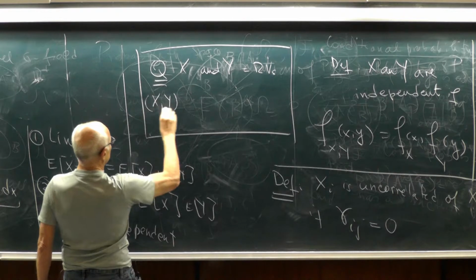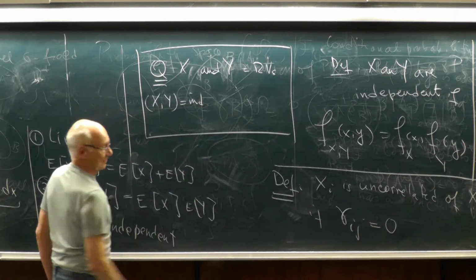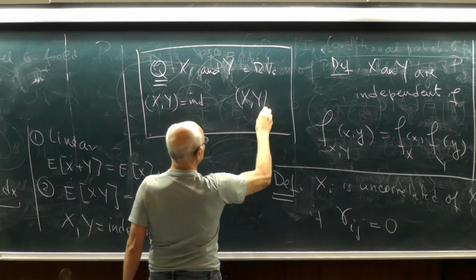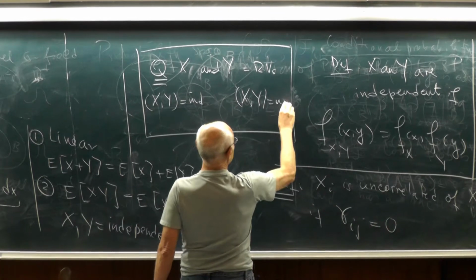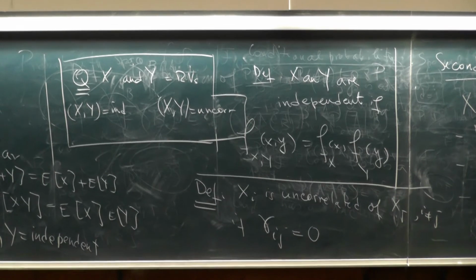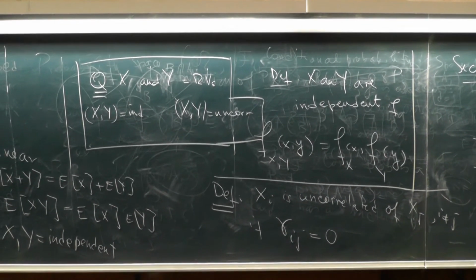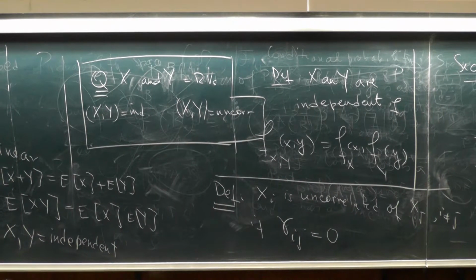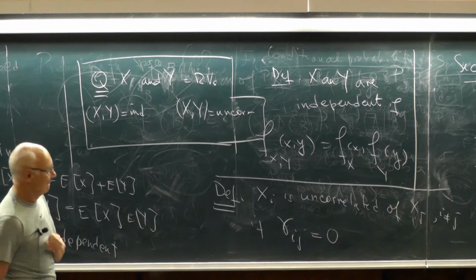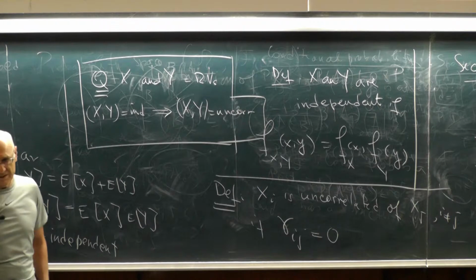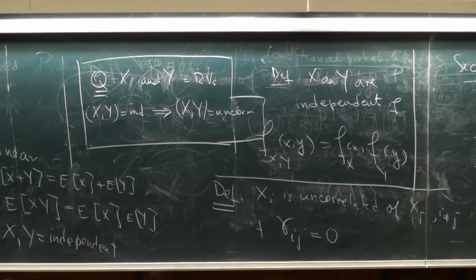X and Y are independent. And X and Y are uncorrelated. Any relationship between the two? This is an important concept. Do you think it's true this way? That if X and Y are independent, they are uncorrelated.